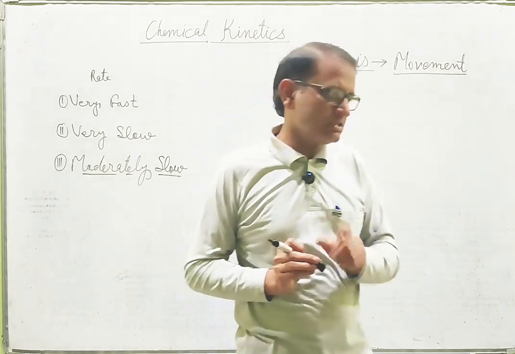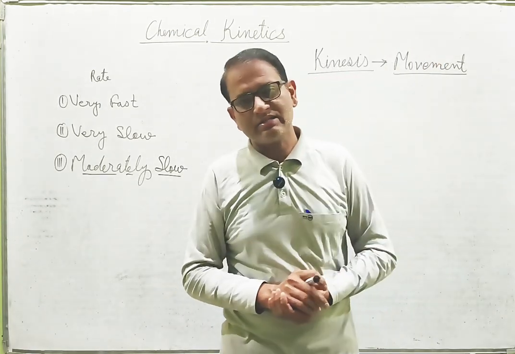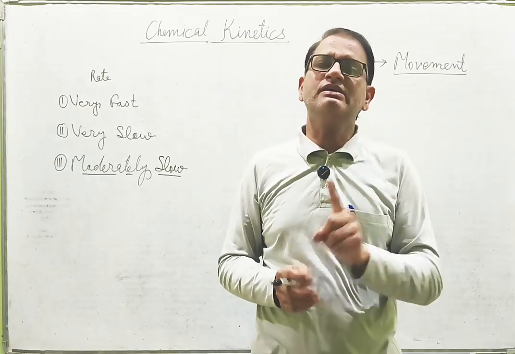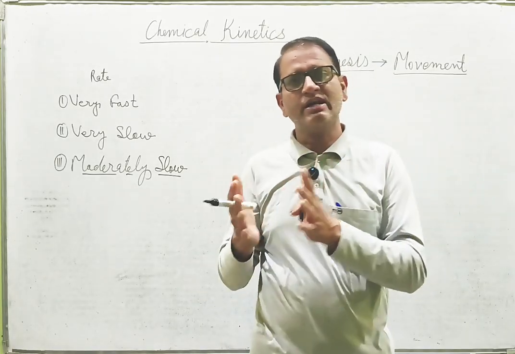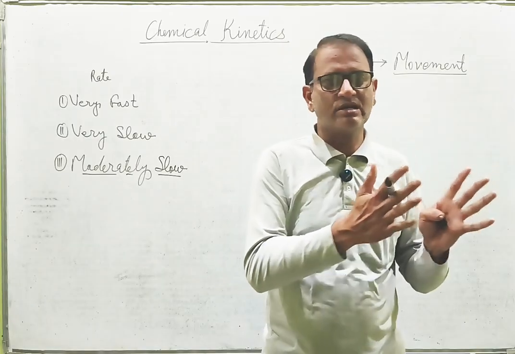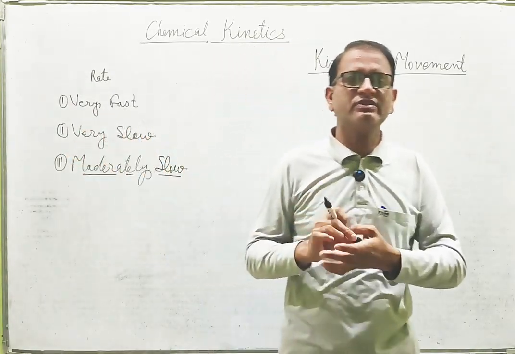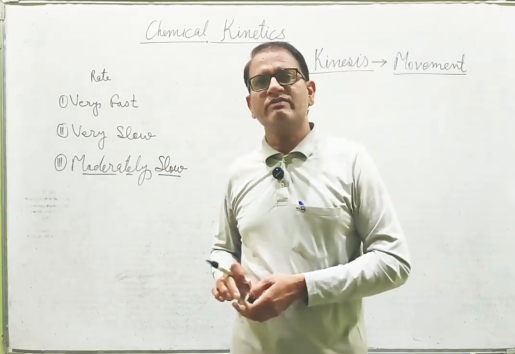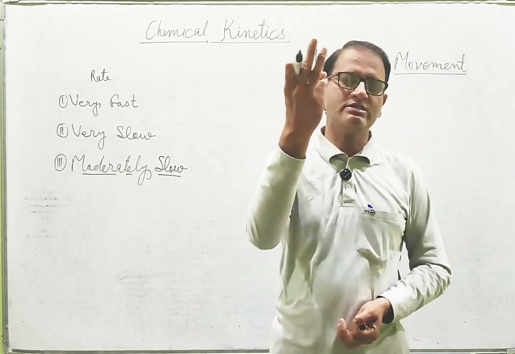So the most important thing in chemical kinetics is rate of reaction, and rate of reaction is the change in concentration of either product or reactant with time. On the basis of rate of reaction, we can classify chemical reactions into three major categories.